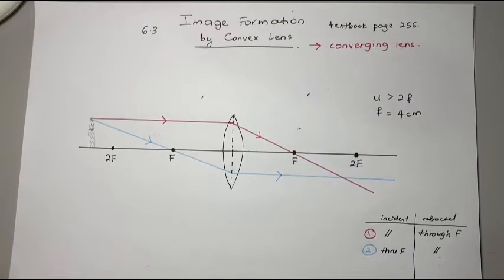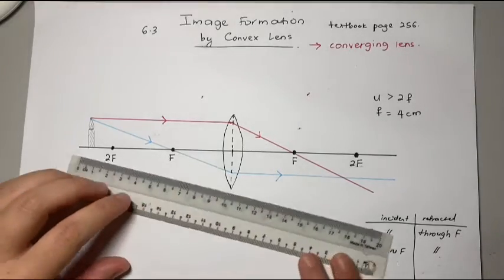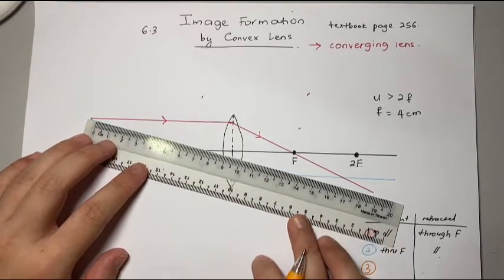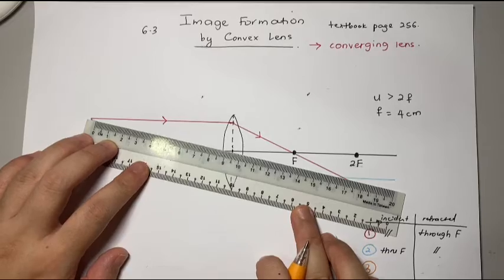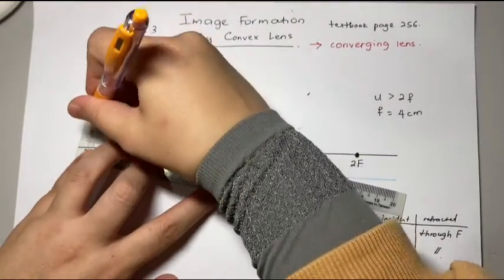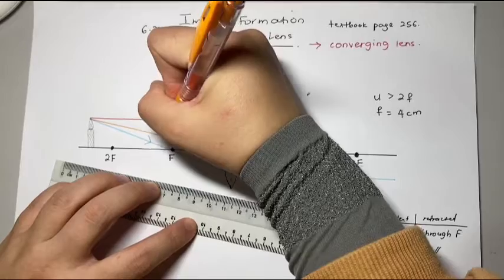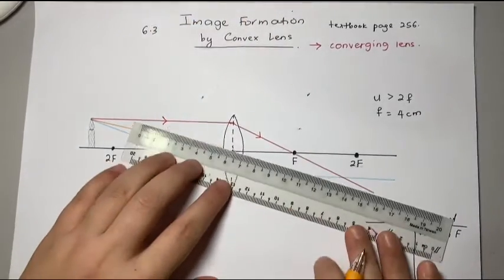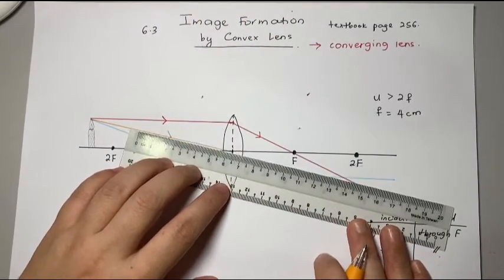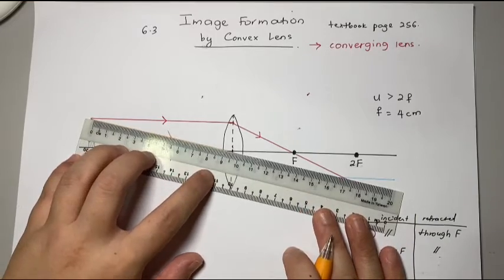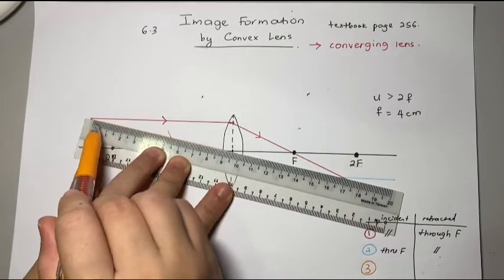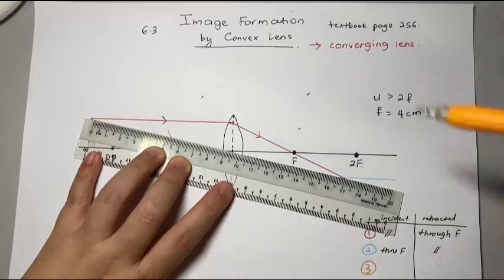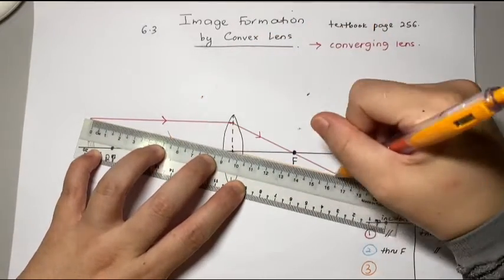Okay. Now my third ray, my orange pen here. My third ray would be exactly towards my optical center. Alright, and then it will be refracted. My incident ray will be towards optical center, and then it will continue moving in a straight line.